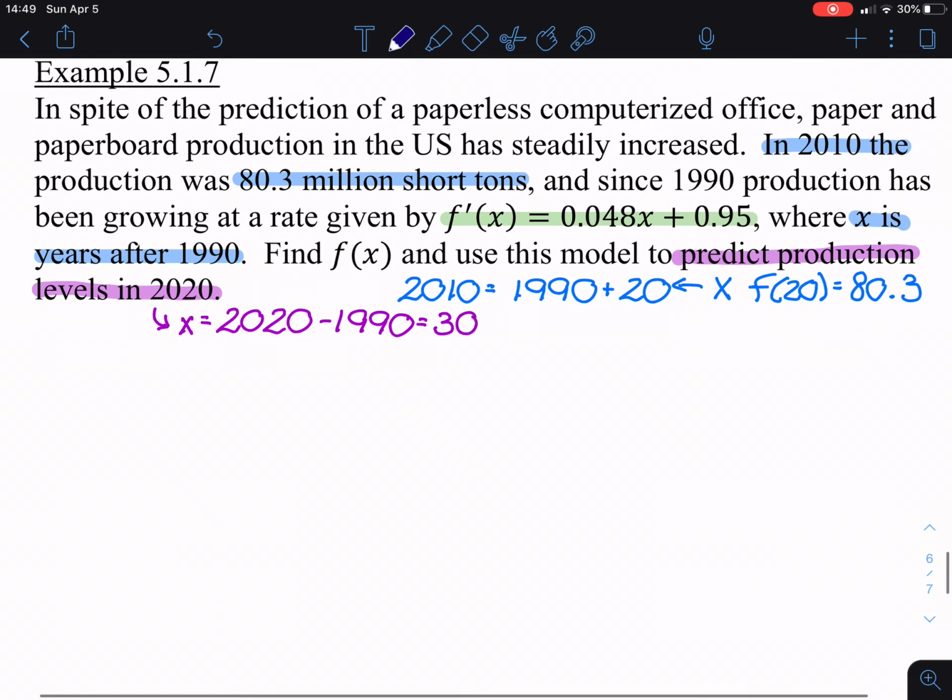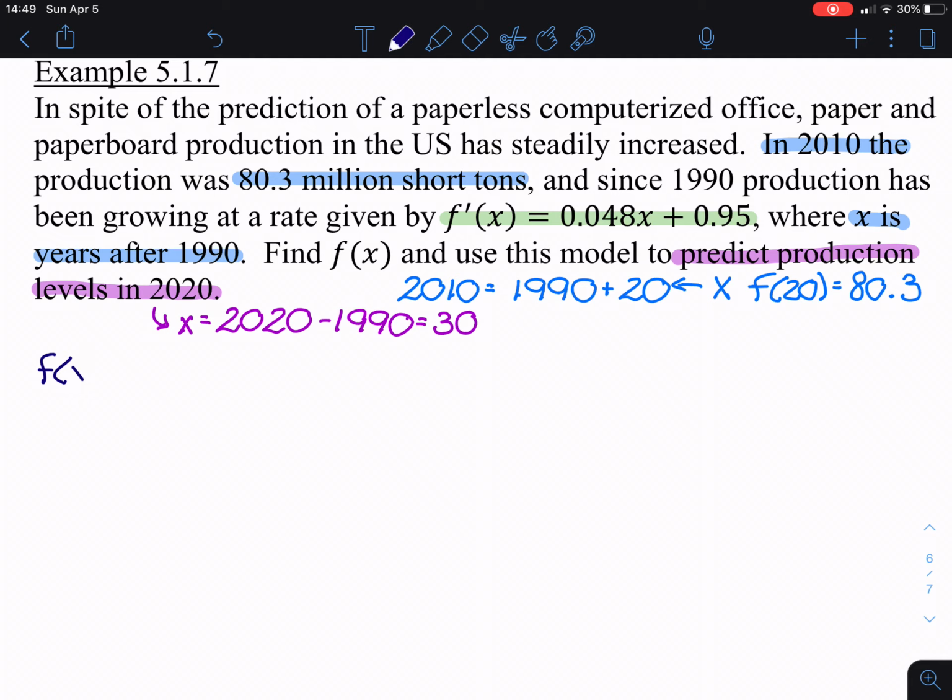Now, the first thing we're going to do is find out what f of x is, at least by taking the indefinite integral. So I'm going to take the indefinite integral of 0.048x plus 0.95 dx.